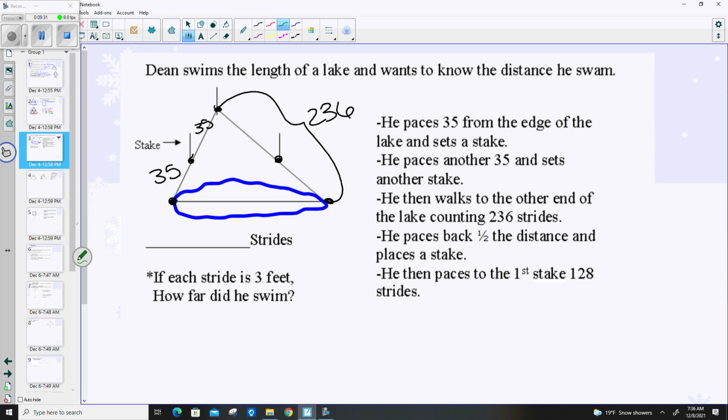Half of 236. Perfect. And from there, when he places the stake, then he paces back to the first stake, 128 strides.